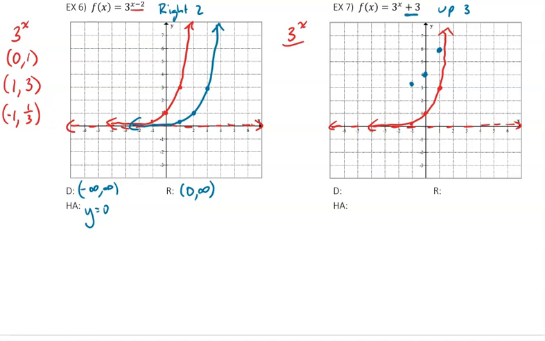And this time, we are actually going to move the asymptote, because while moving something left and right on an asymptote still just puts it right back on the asymptote and it doesn't do anything, if we move it up or down, that is going to move the whole asymptote. So our new asymptote is going to be up 3. And then we can go ahead and draw our graph.